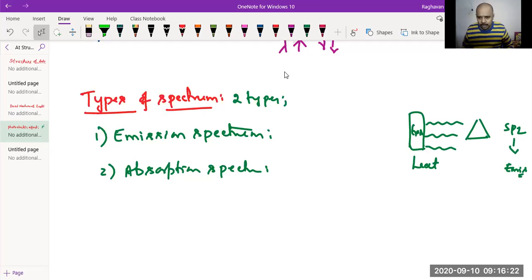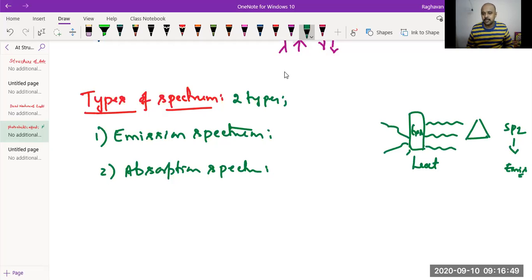Then what is absorption spectrum? You have to observe carefully now. You have taken gas and are heating it, right? The gas has absorbed a part of the energy supplied in the form of heat. Not all the energy will be absorbed by the gas. A part of the energy will be absorbed, and the remaining part of the heat energy will be transmitted without getting absorbed.